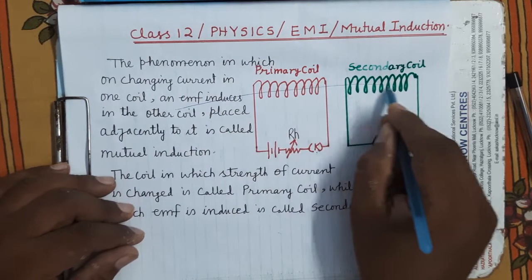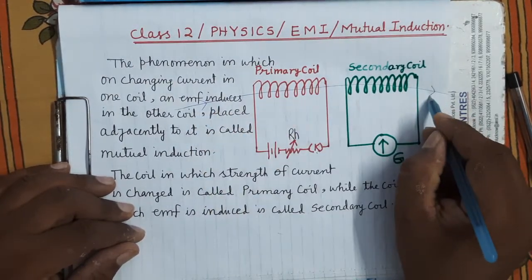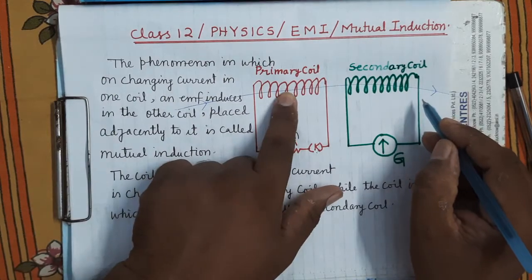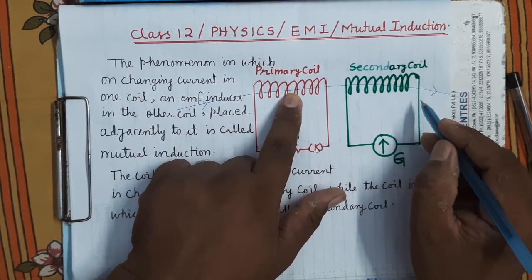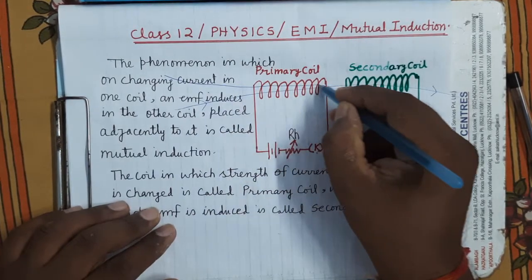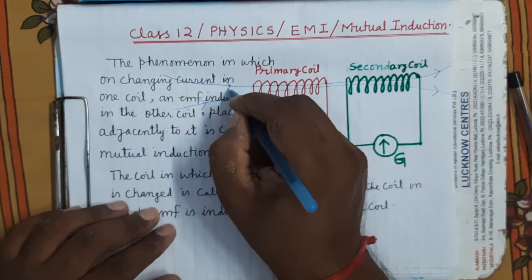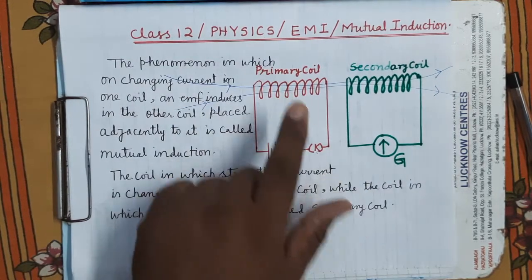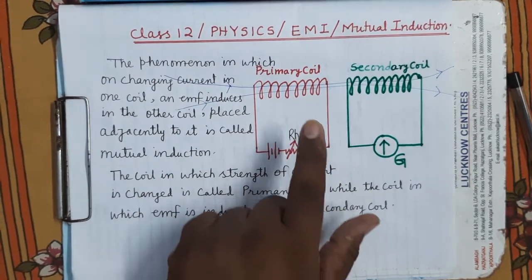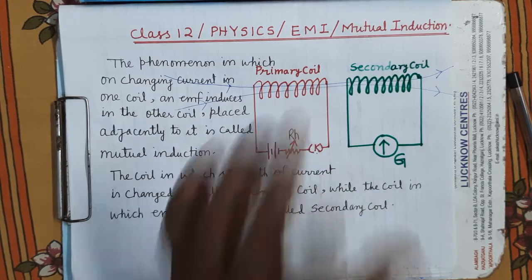Here I have shown some of the magnetic lines of force produced because of the current through this. When current passes through this, it gets magnetized and produces its own flux lines because of its own current.